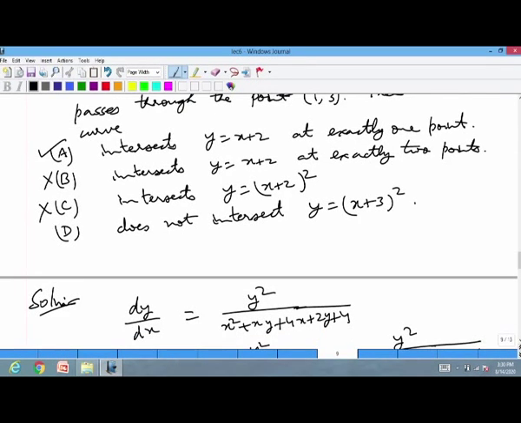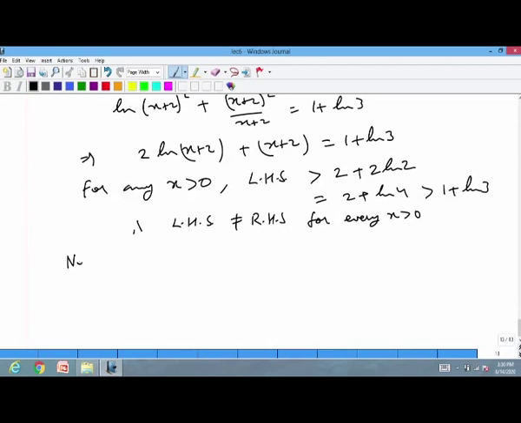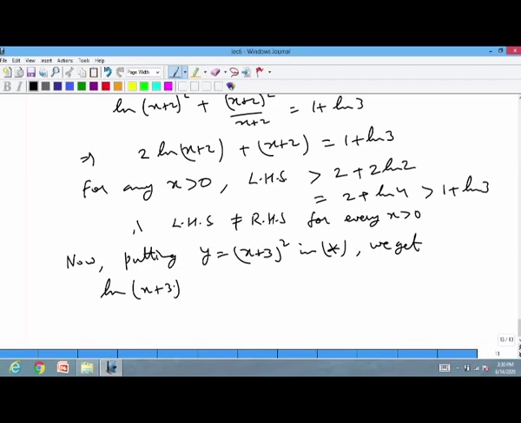Now, we have to see whether it intersects the curve y = (x+3)^2. Now, putting y = (x+3)^2 in star, we get log of (x+3)^2 plus (x+3)^2 divided by (x+2) equal to 1 plus log 3.